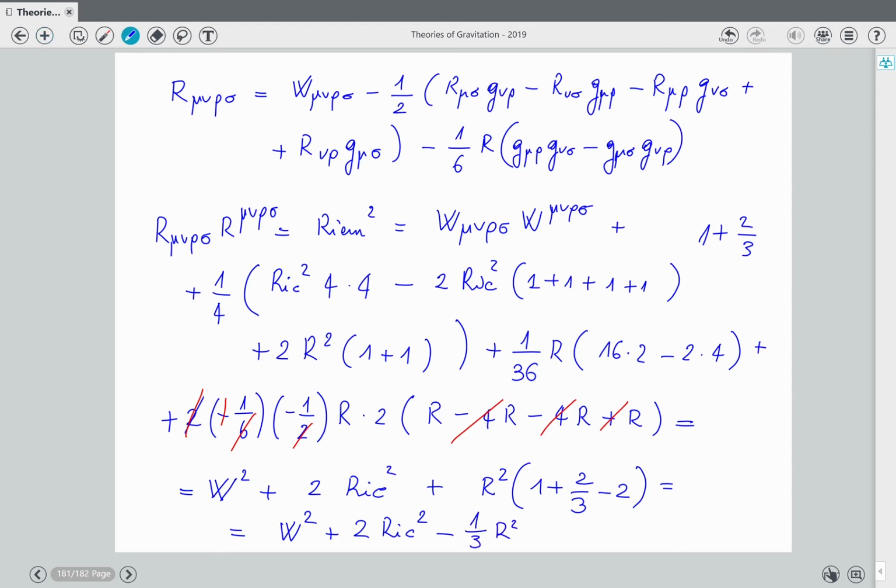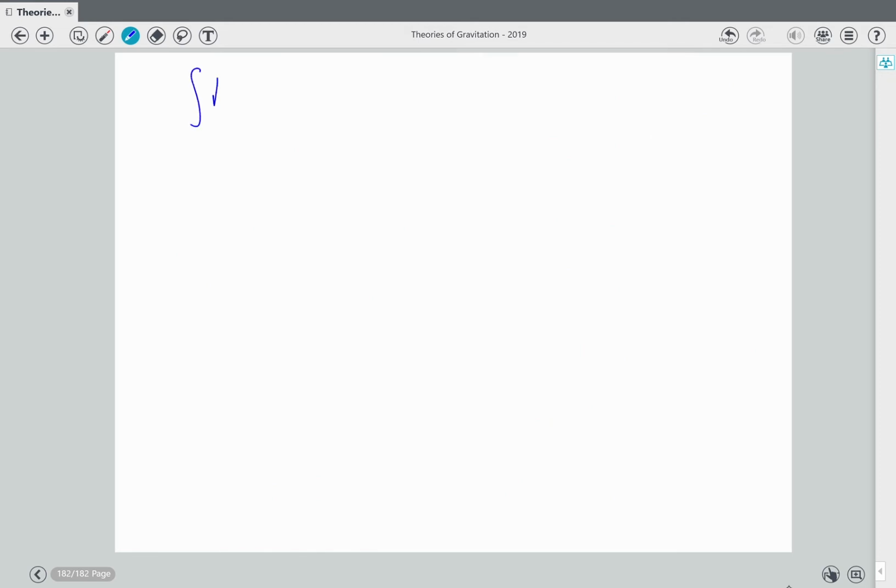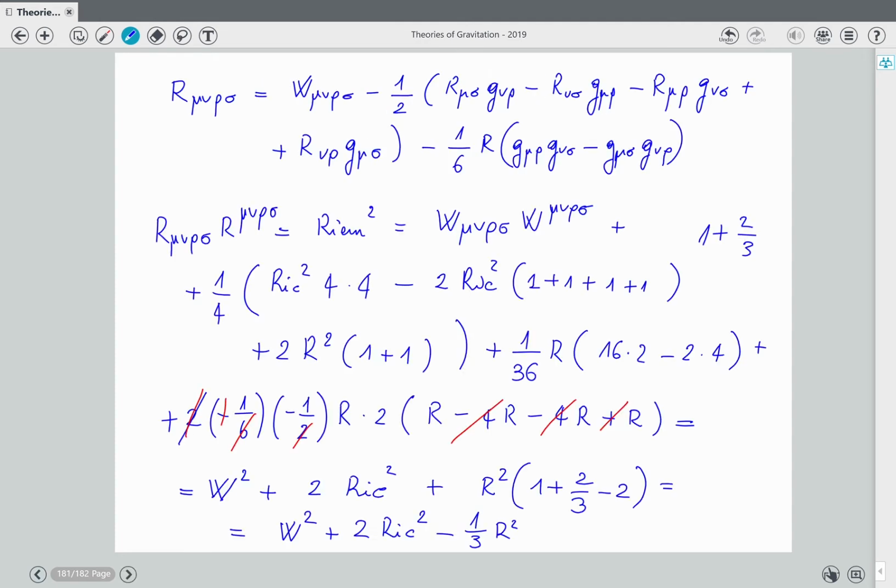So you find the following thing. We turn it around because we want W squared. That is Riemann squared minus 2 Ricci squared plus 1/3 R squared.